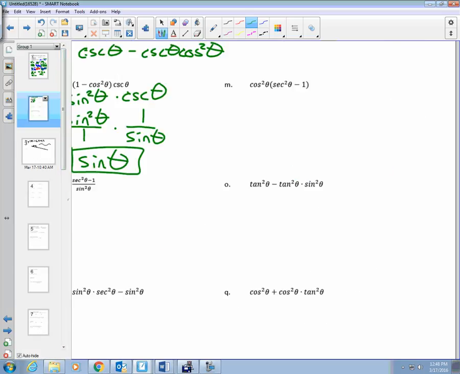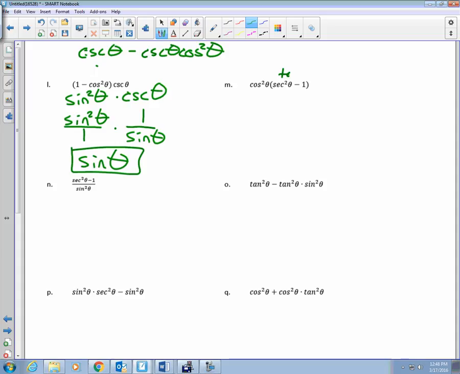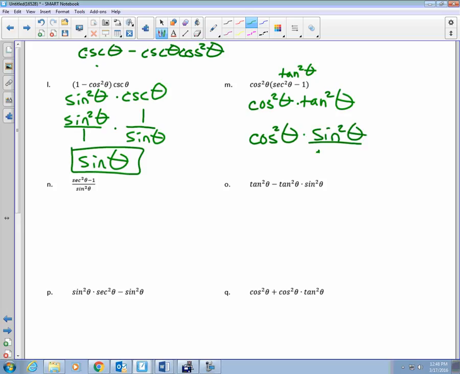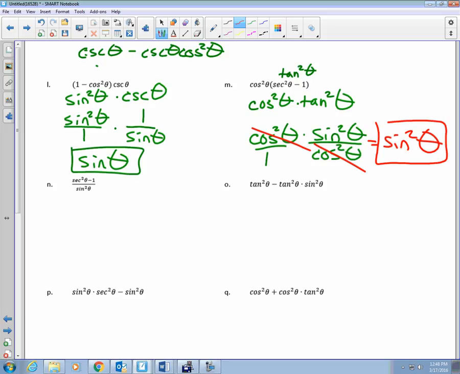What I will do is I will plug in tangent squared. And I get cosine squared of theta times tangent squared of theta. Hey, that looks like a problem from the front side. Sweet, huh?